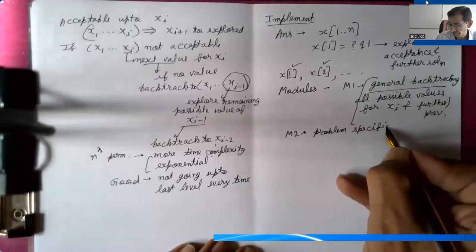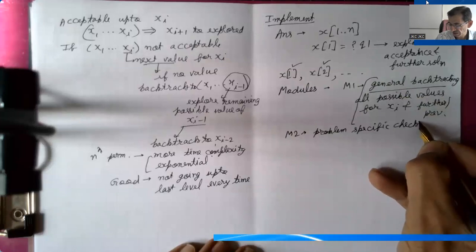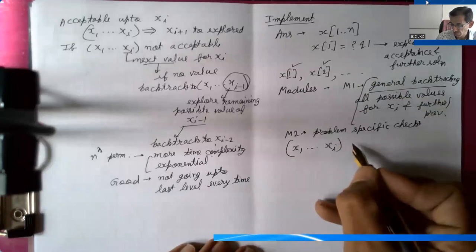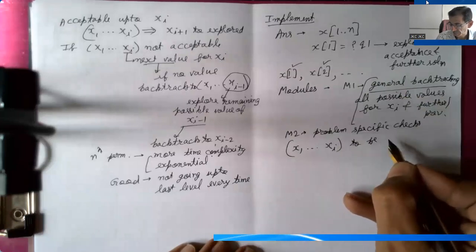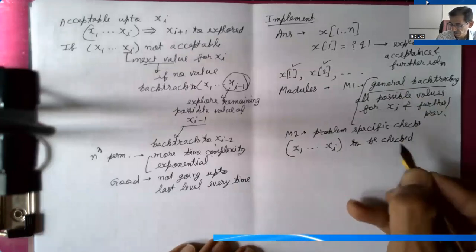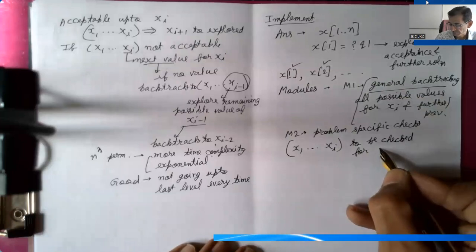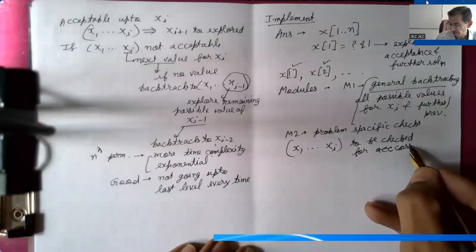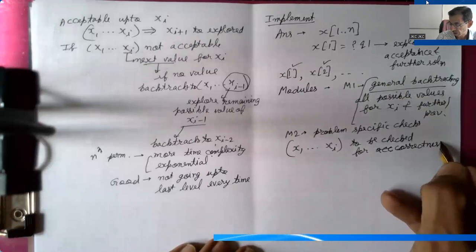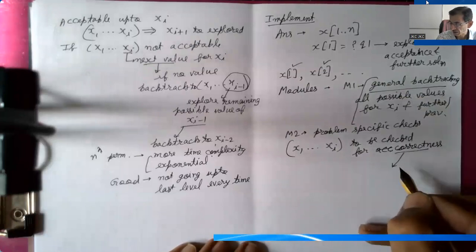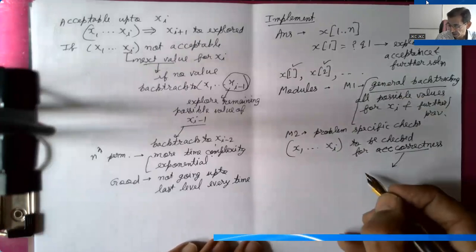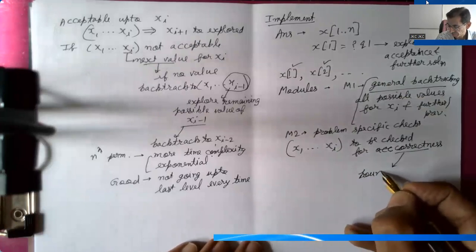What does that mean? It will be clearer when I say that at any time x1 to xi is to be checked, whether acceptable or not, whether it is going towards a possible correct direction or not, for correctness. So till now, is it correct or not? How to check correctness? Whether the current queens are attacking each other or not. That part I call a bounding function.